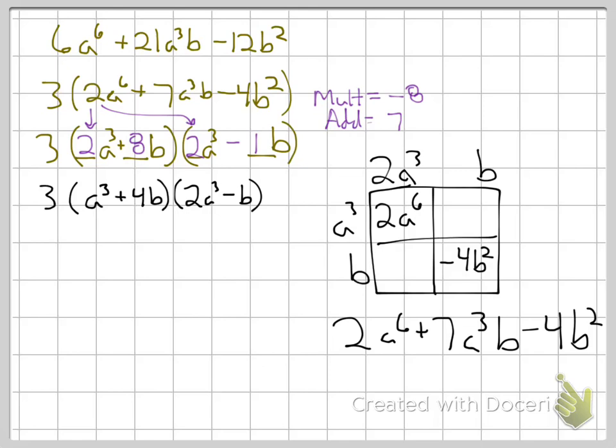So I'm thinking, how can I get -4? Well, I could do -2, +2. I could do -4, +1, or +1, -1, +4. Well, if I tried, let's go 4 here, -1 there. This becomes -ab to a to the third b. This becomes 8a to the third b, and it combines to give us our 7. So that a to the third is from those like terms.